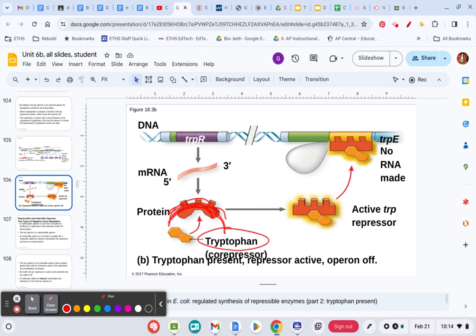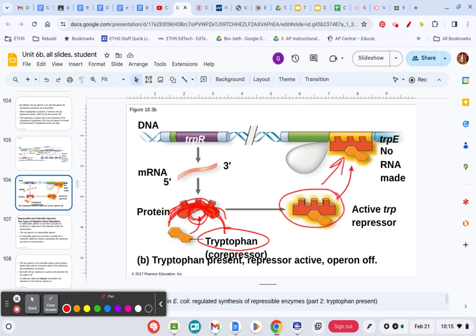The concentration of tryptophan is now so high in the cell that it will bind to this curvy protein. And when it does, it changes its shape. Okay, changes its shape to something that can fit in that operator site.